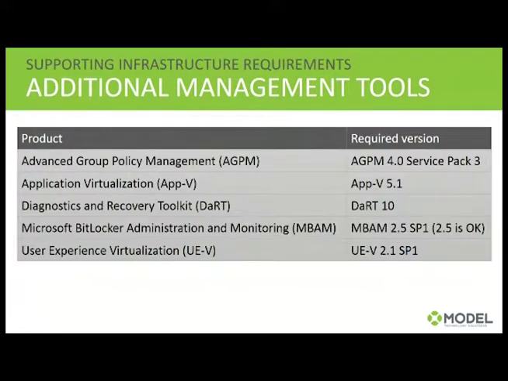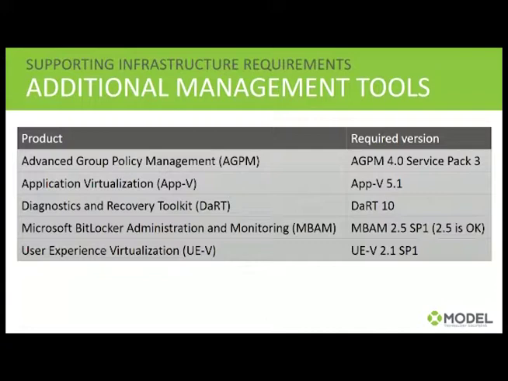So Advanced Group Policy Management is a great tool for version control of group policies. If you've ever been down the road of implementing or changing a GPO and needed to roll something back and were so frustrated that you couldn't go back to the way it used to be, AGPM will help you with that. It enables things like approvers, a rollback, a more granular control of group policies.